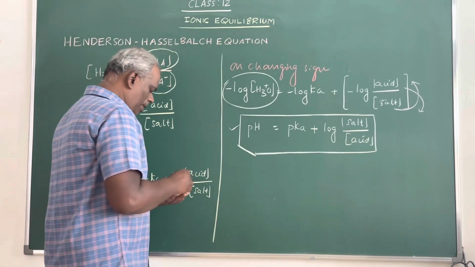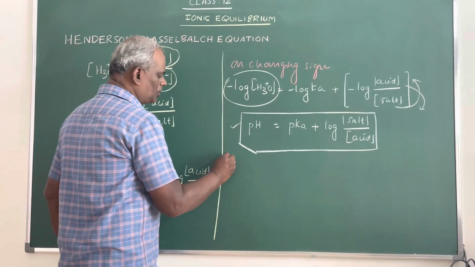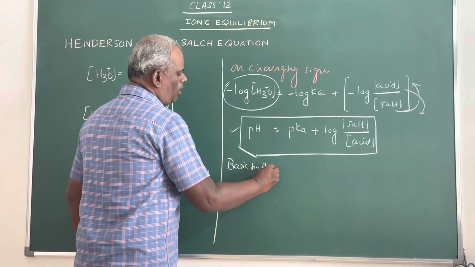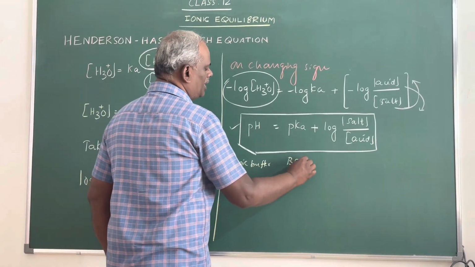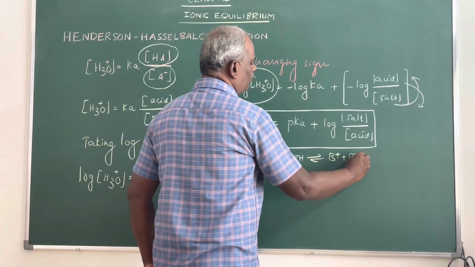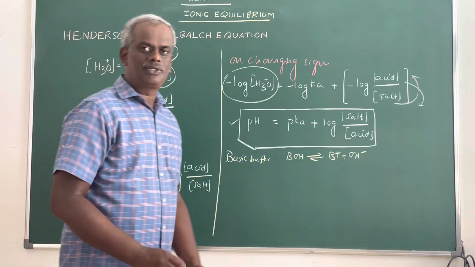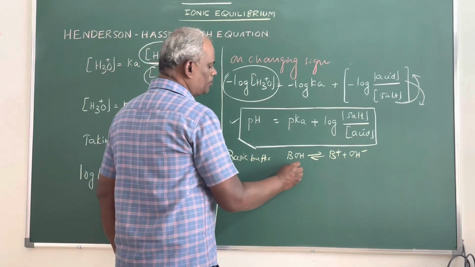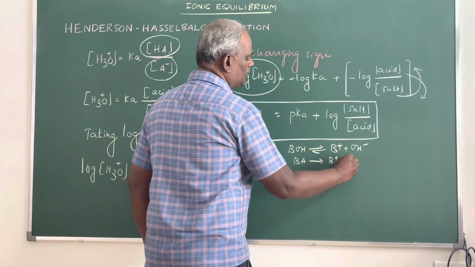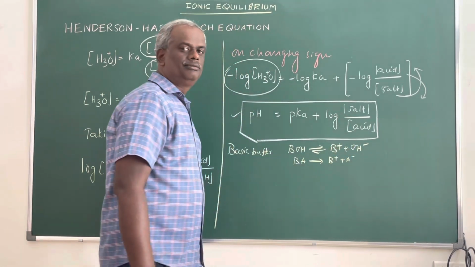Suppose your buffer solution is a basic buffer solution. And we know what is called a basic buffer. It has got a weaker base like this, BOH, that would be dissociated to form B plus and OH minus. And its salt might be given as follows, BA, that forms B plus and then A minus.